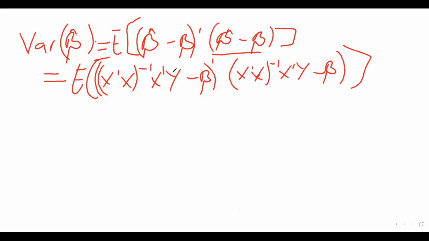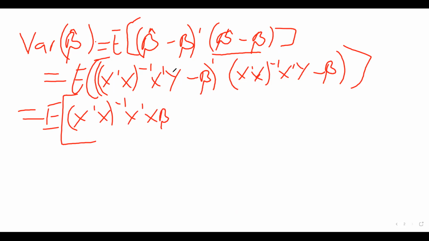So I can rewrite this whole thing as the expected value of (x prime x) to the power negative 1, x prime. Instead of y, I'll put x beta plus epsilon. Then I have my minus beta already. I'll close this all to the power prime.